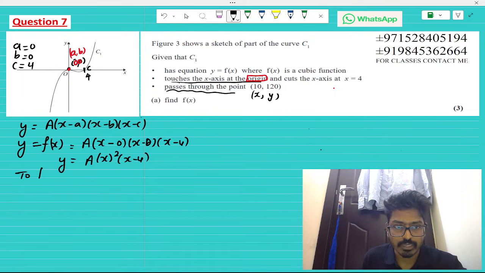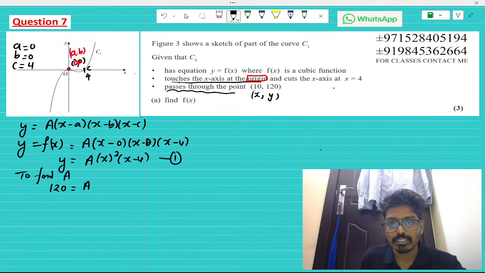To find a, we need y. Let's say this is equation 1. We plug in y equals 120, a we don't know, and x equals 10, so 10 squared and then 10 minus 4.